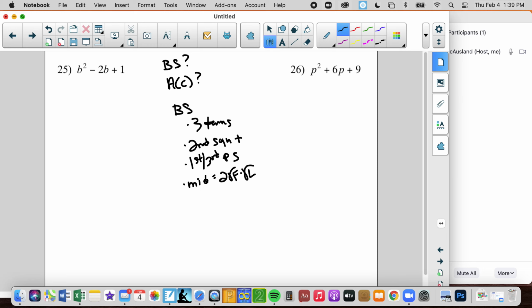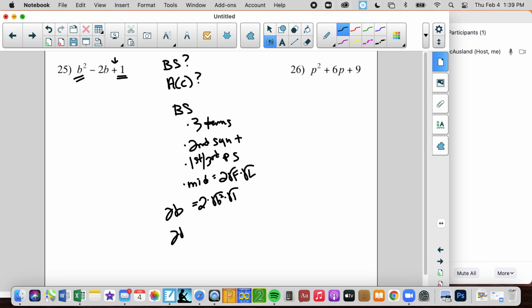So these have 3 terms. Second sign is positive. First and third are perfect squares. And if we take, does our middle, does 2b equal 2 times the square root of b squared times the square root of 1? Sorry, my middle is 2b.